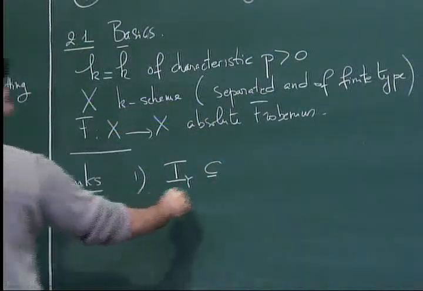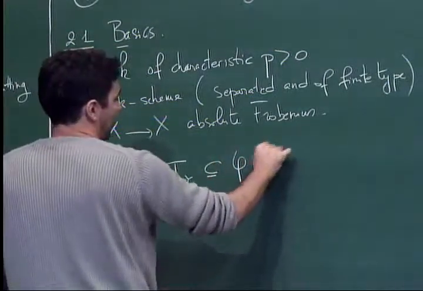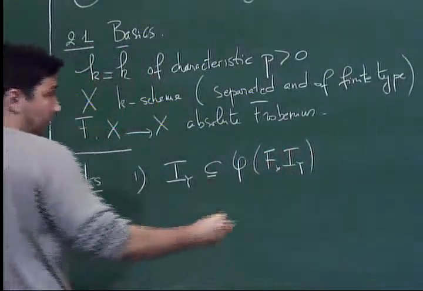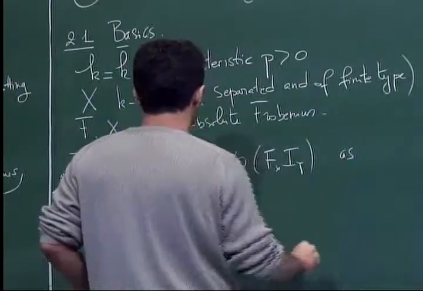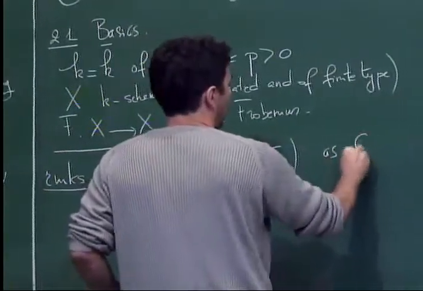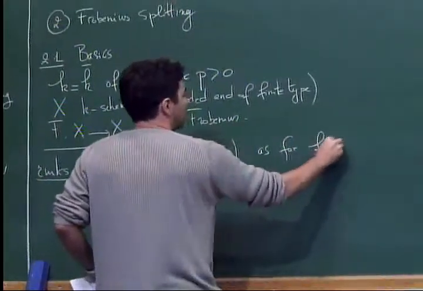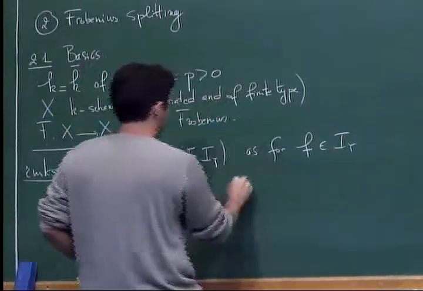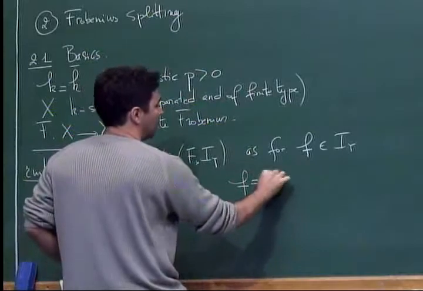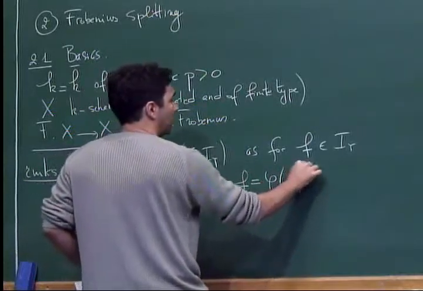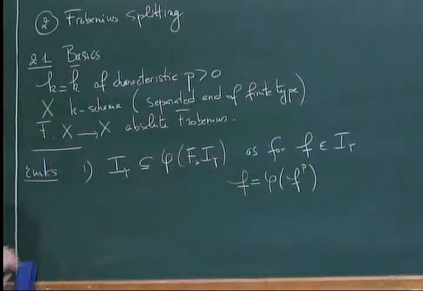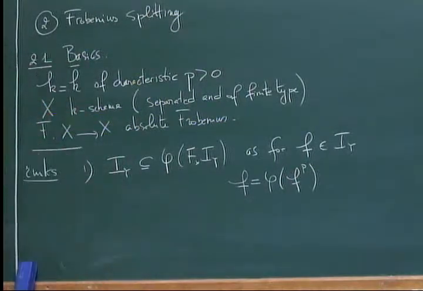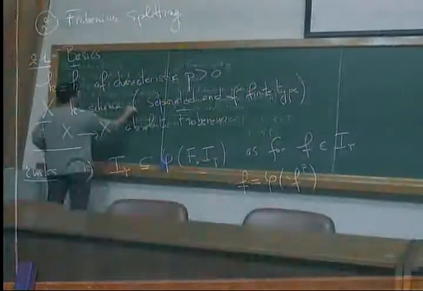The ideal sheaf of Y is always contained in the image of phi, since for any local function f vanishing along Y, f is nothing but phi of f to the power p, by definition of the splitting. So this is always true. So in fact here we have an equality.